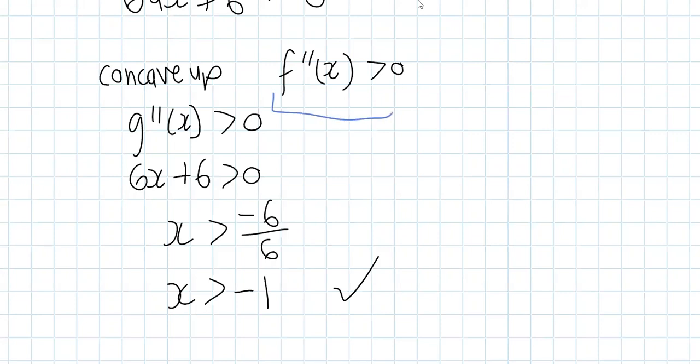Quick note on the concave up, concave down. Just if you remember, the concave up is this direction, and this would give you a local min at the bottom, and for concave down is this direction.